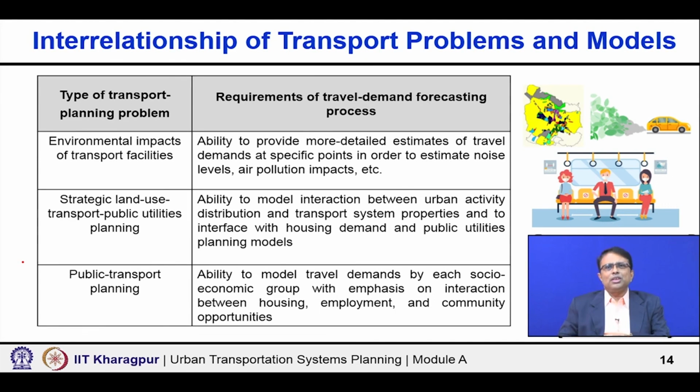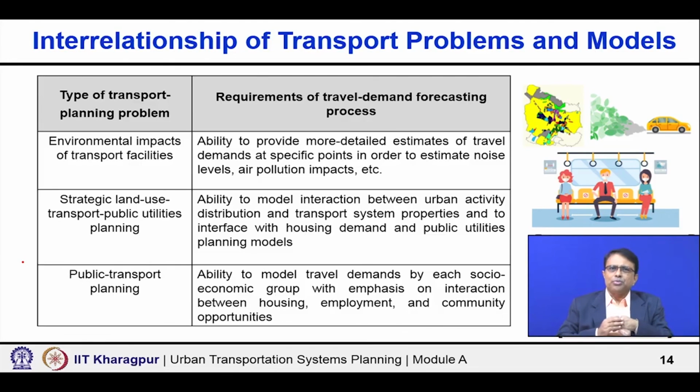We have to satisfy the requirement of the captive riders who do not have access to private vehicles, and also care for the marginally weaker sections of the community and their travel. So, we need travel demands by socioeconomic group with emphasis on interaction between housing, employment and community opportunities.